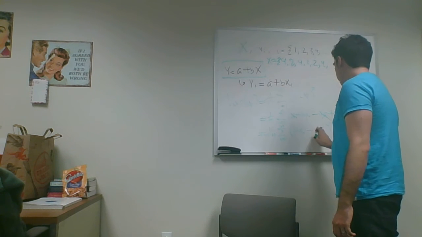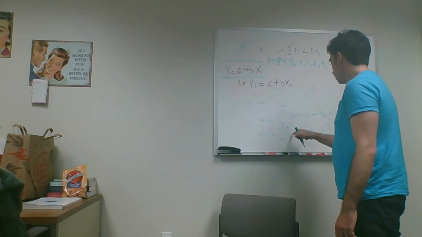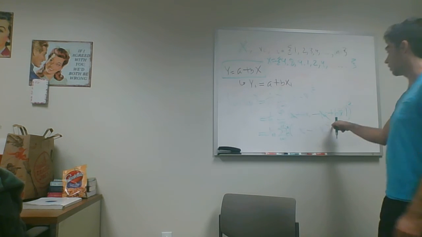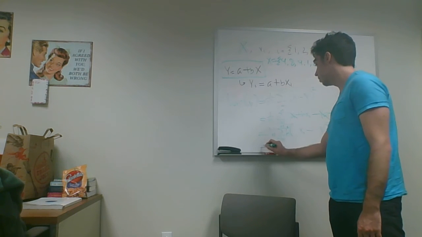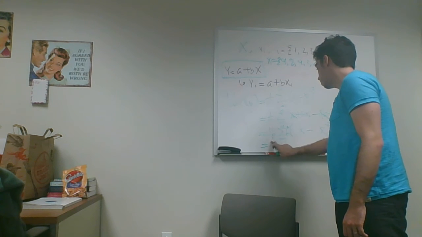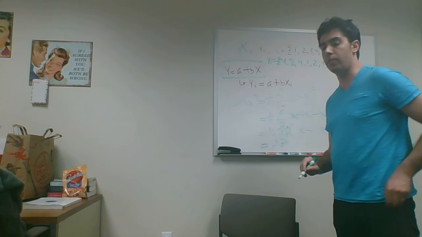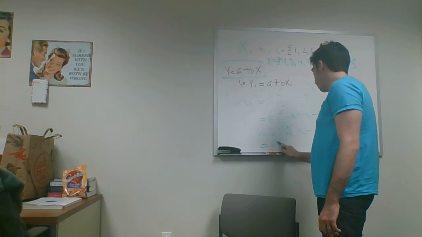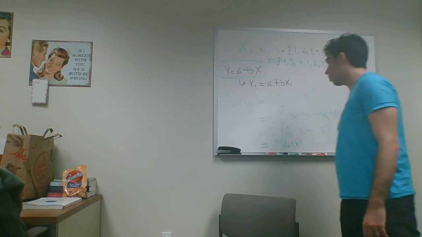So this is going to become b squared times xi minus x bar squared. Well, we know what that is. That's just equal to the original variance. So the variance of y is equal to b squared times sigma squared, or better put, the variance of x.